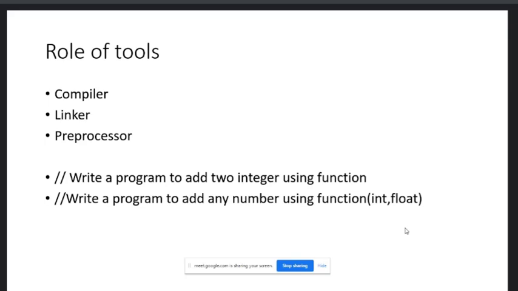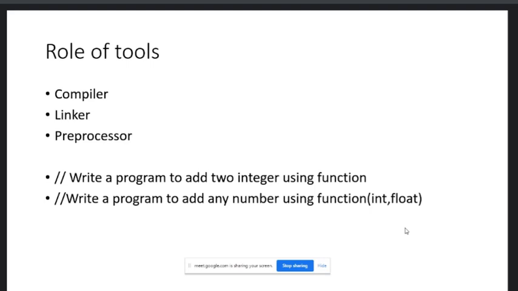Now you have used different inbuilt functions like printf, scanf, strcpy. These functions are available in the form of object code in a standard library. So we need to connect these different object codes together, and we use the linker. The linker links the different object codes together, so we can get the appropriate output of our program.